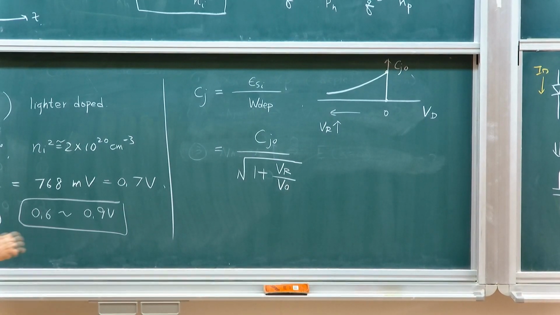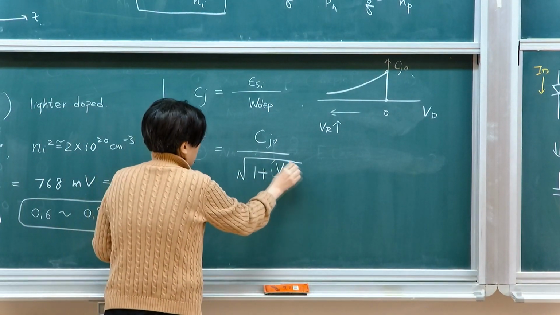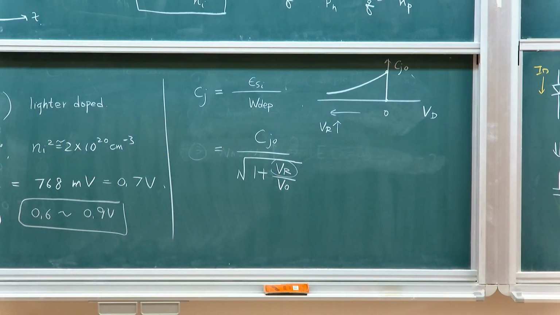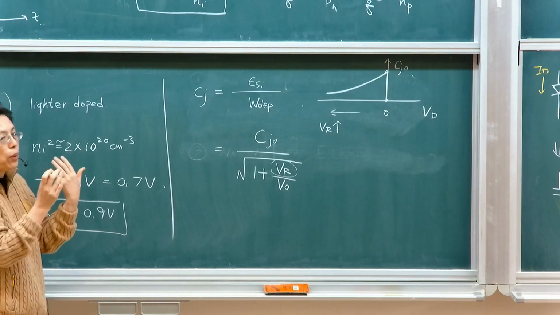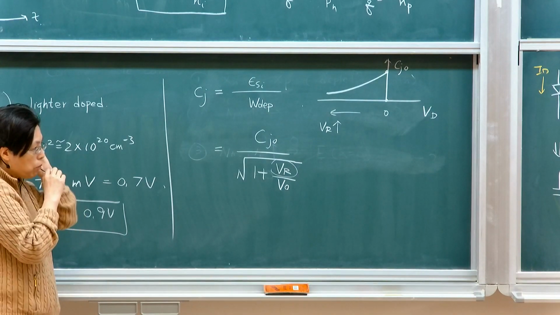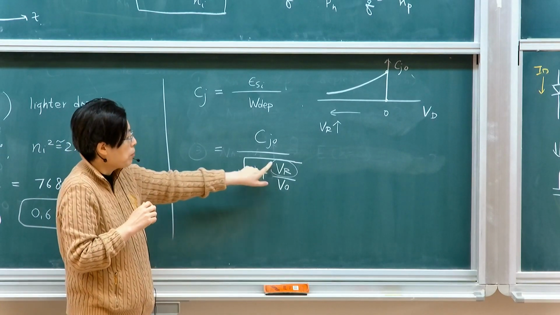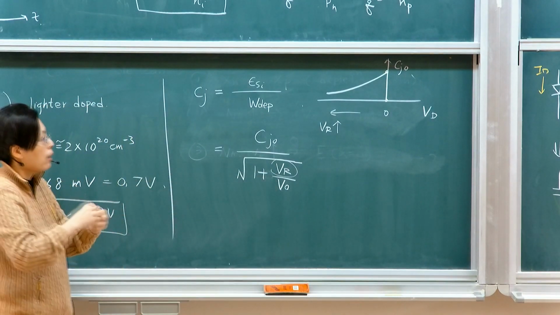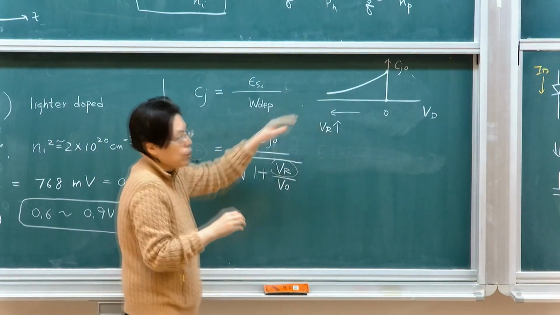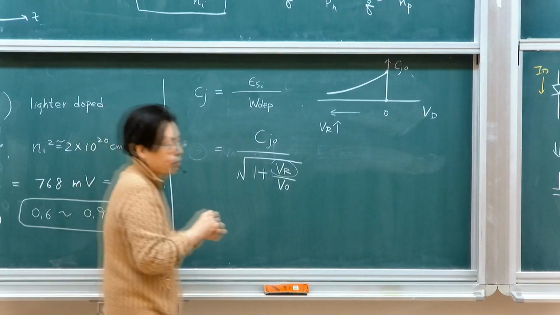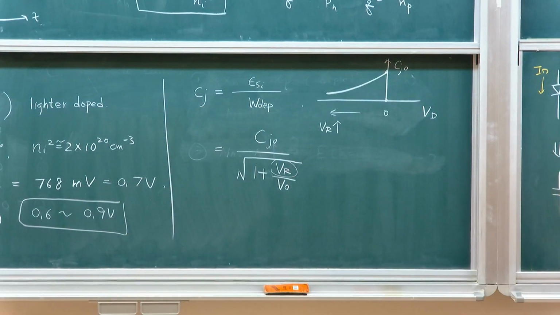So this simply implies that as VR increases, in relation to your built-in potential, how many times higher, meaning how your depletion width grows with respect to its reference level, which is at equilibrium, the capacitance will decrease in a square law fashion. Okay?